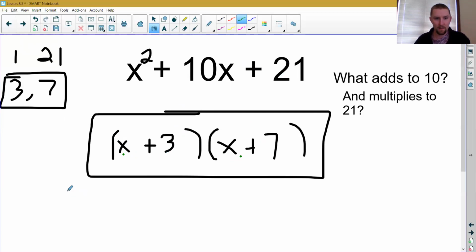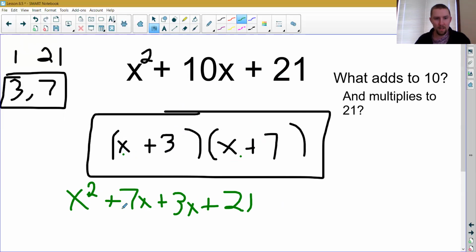X times X is going to make X squared. X times 7 is going to make 7X. 3 times X is going to make 3X. 3 times 7 is going to make 21. If I add all of these things together, the two middle pieces become 10X. And of course, I am at what I had. So I got the right factored form. I got the right two numbers.